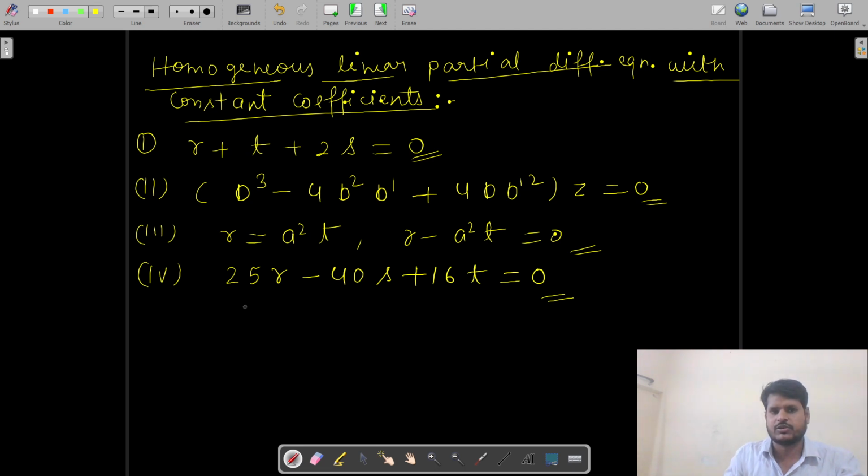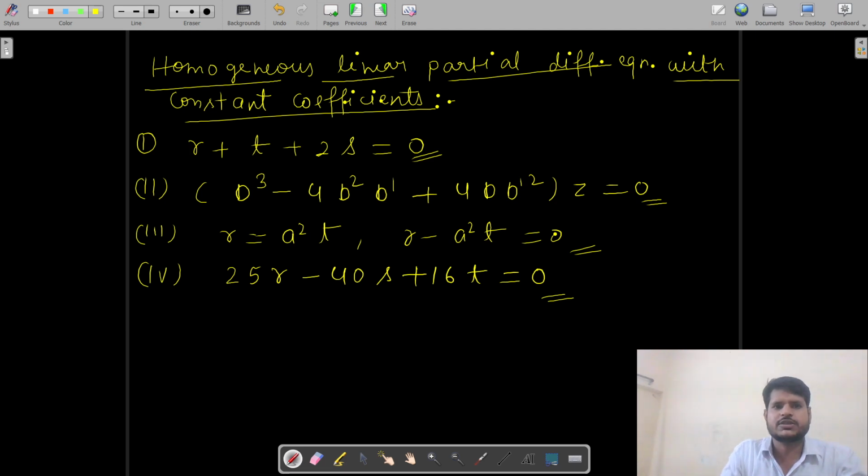You can check 25 r, 40. So that's why this is called a homogeneous linear partial differential equation with constant coefficients. I am going to solve these four problems of homogeneous linear partial differential equations with constant coefficients. So let's start.